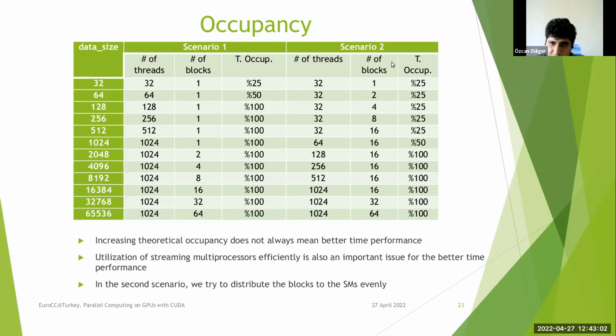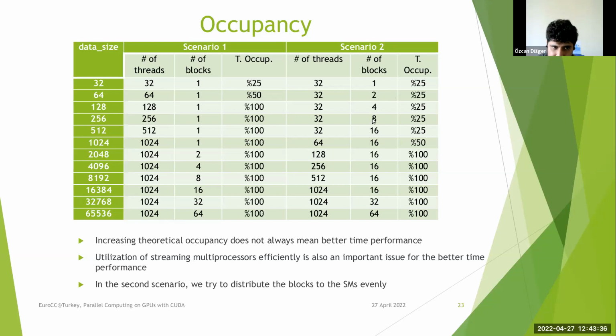So in this scenario, as we increase the number of blocks, we are trying to distribute the blocks to the SMX evenly. For example, at the beginning, there is only 1 block, assigned to 1 streaming multiprocessor, and then as it increases, 2 blocks are distributed to the streaming multiprocessors efficiently.